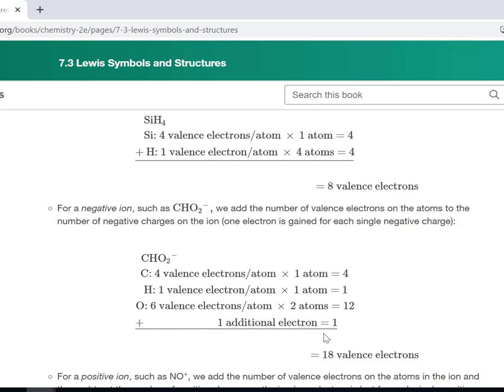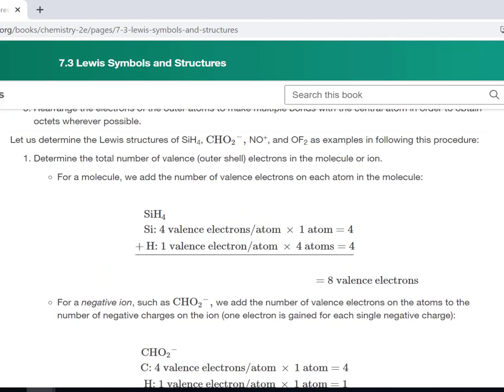And then with a negative charge, we have 1 extra electron, so we end up with 18. I'll let you look at the next 2 if you need to, but make sure you know where these numbers are coming from. If you don't, you will not be able to get the correct Lewis structures for these.